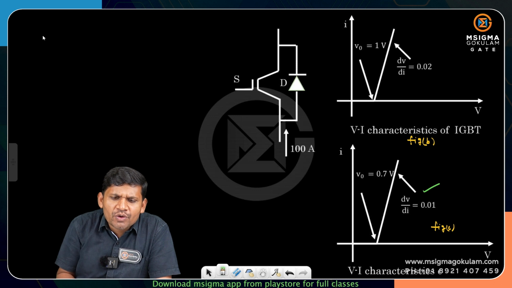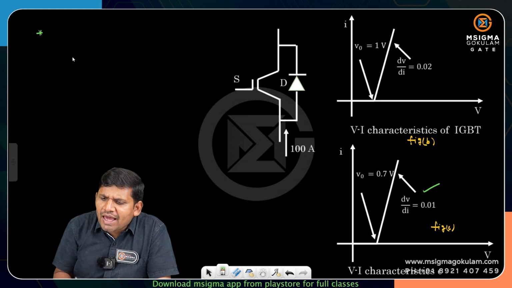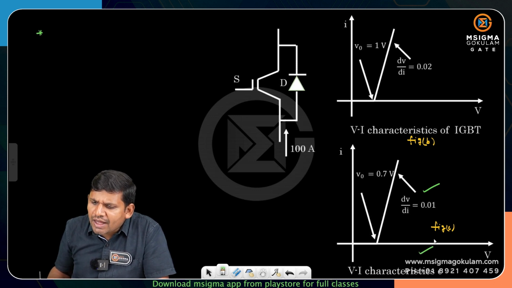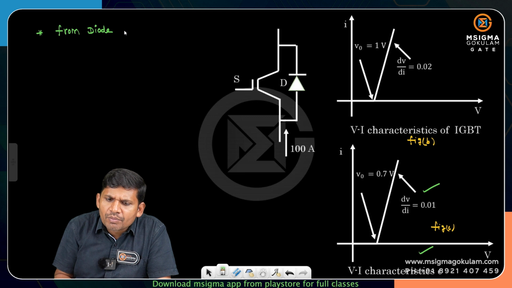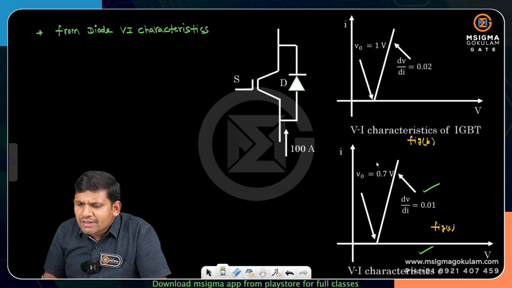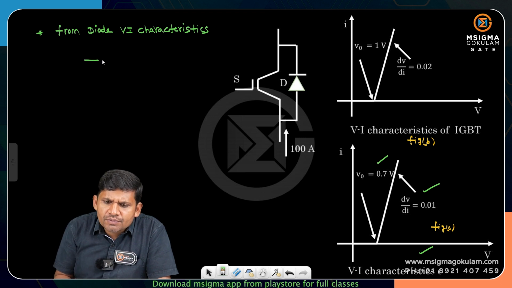These are the VI characteristics of the diode. From the diode VI characteristics, how is it modeled, students? The cut-in voltage is 0.7 volts.